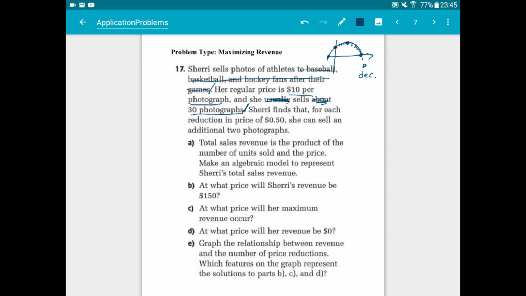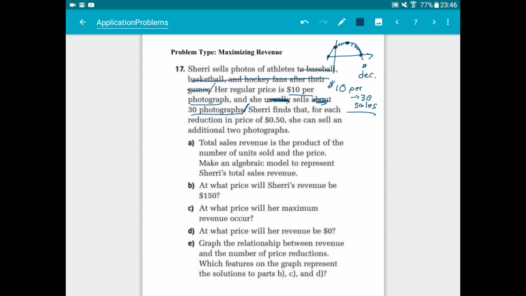So at this point, I would try to summarize this. So I'd say $10 per photograph leads to 30 sales.